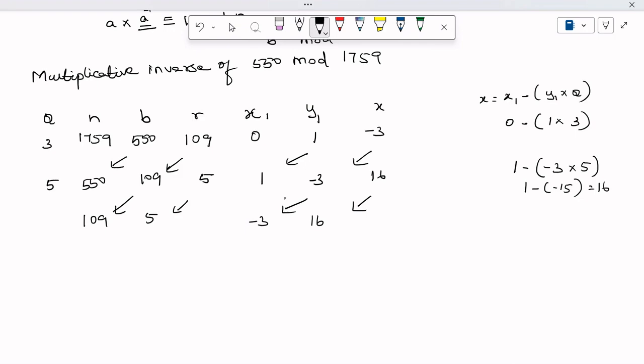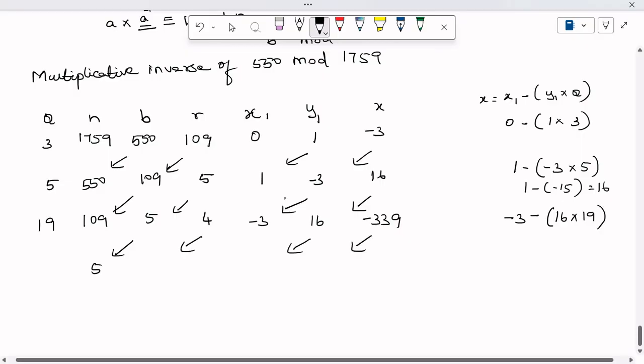109 divided by 5, the quotient is 19 and the remainder is 4. And here in this case, this is minus 3, that is x1, minus y1, 16, multiplied by 19. If you compute, you will get minus 339. So now again, next iteration.